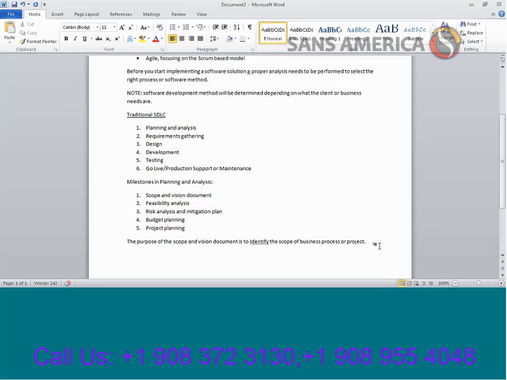For instance, let us say the scope is to develop a banking portal, a banking website. The client or stakeholder is asking to develop a web-based banking portal, and one of the features in scope is funds transfer. The client is saying you have to give us the capability of funds transfer.